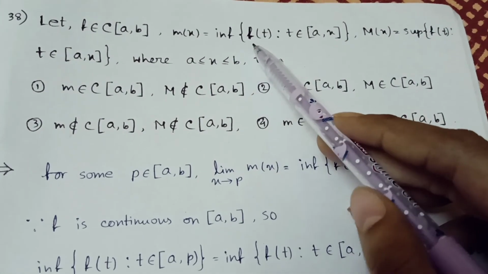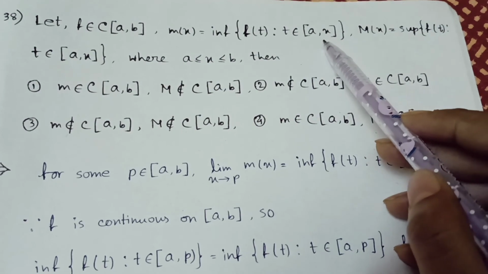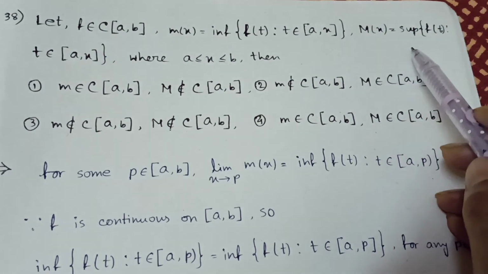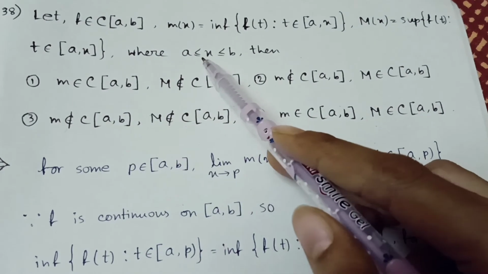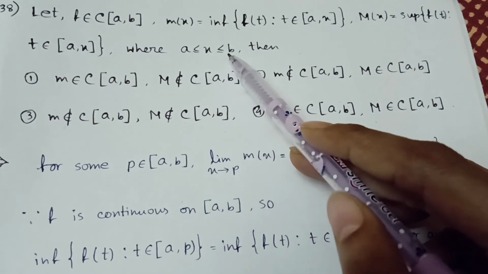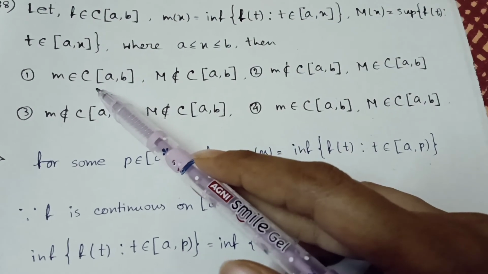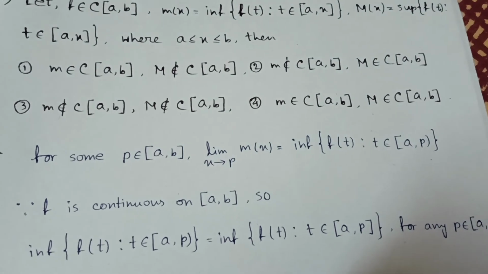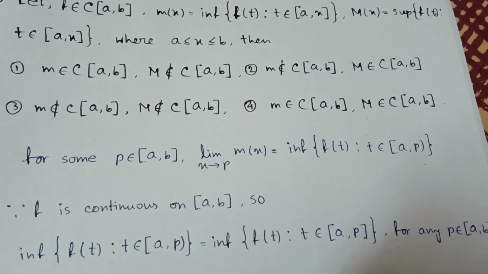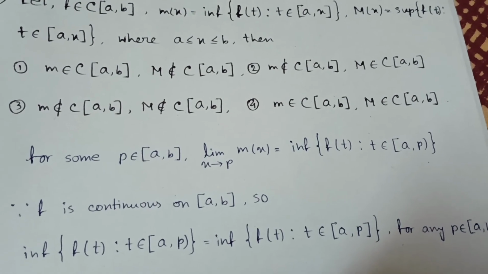And m(x) is the infimum of f(t) where t belongs to [a,x], and capital M(x) is supremum of f(t) where t belongs to [a,x], where x is lying somewhere between a to b. Then capital M and small m are continuous function or not continuous function on the set closed a to b.